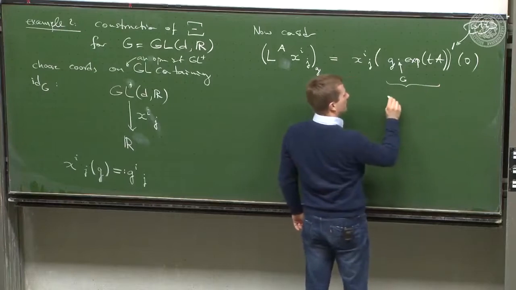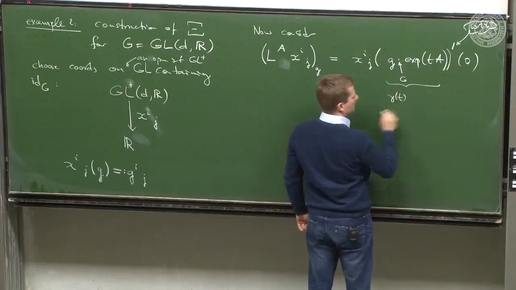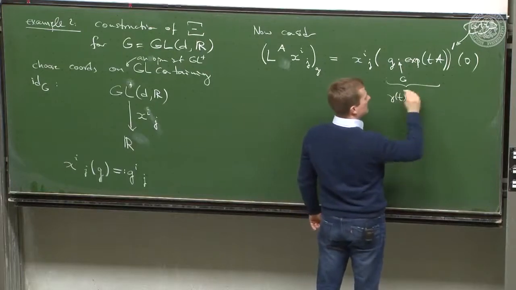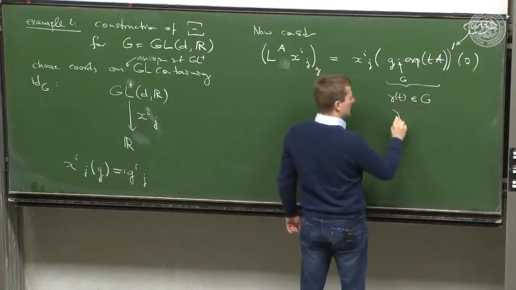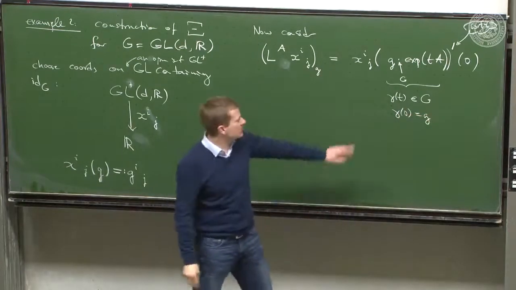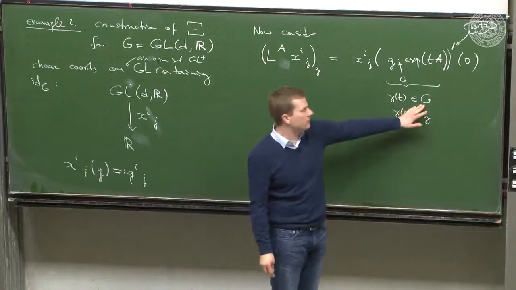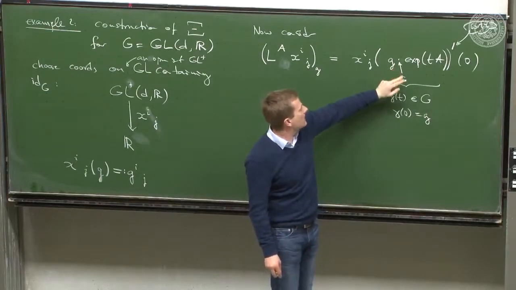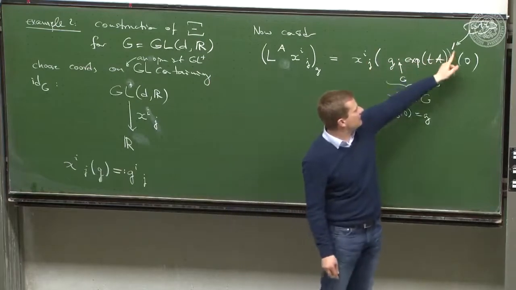This is a curve gamma of t, where for each t, it lies in G, and gamma of 0 is the little g. This is a curve in the Lie group through the point g.